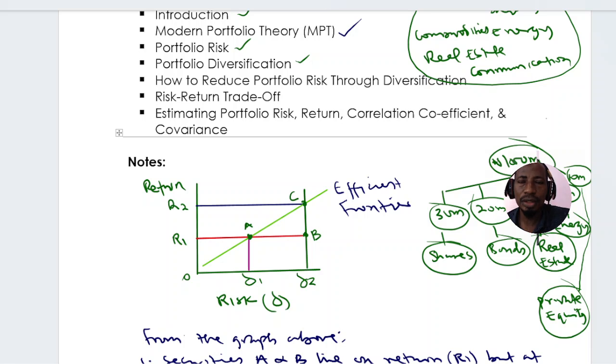And not only that, to reduce the portfolio risk, investors should consider securities that are negatively correlated or assets with no correlation.